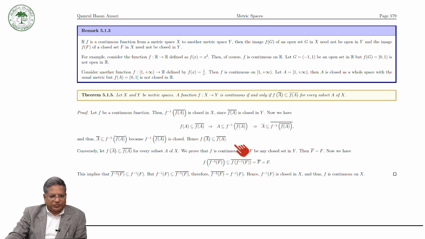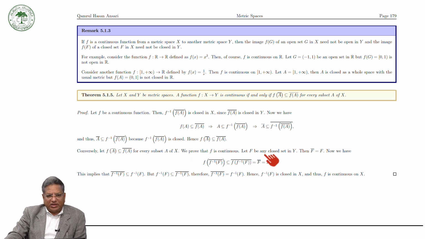Now to prove the converse part, let us take f of closure of A is a subset of closure of f of A for every subset A of X. Then we will prove that f is continuous. To prove that f is continuous, we will prove that the inverse image of a closed set is closed.